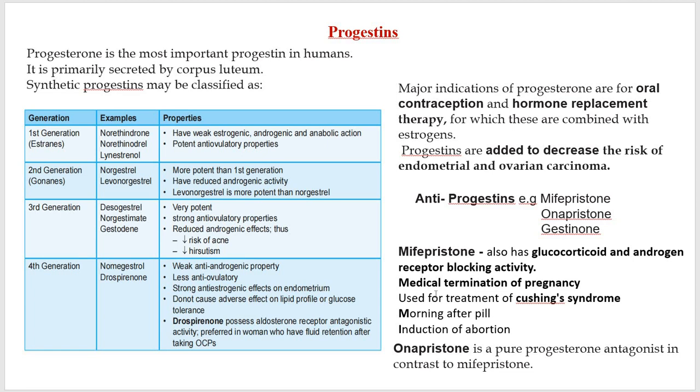They are also used in the medical termination of pregnancy, for the treatment of Cushing syndrome, as a morning after pill, and for induction of abortion. These are the main uses of mifepristone. And onapristone is a pure progesterone antagonist, in contrast to mifepristone. So these are the specific points related to progesterone.